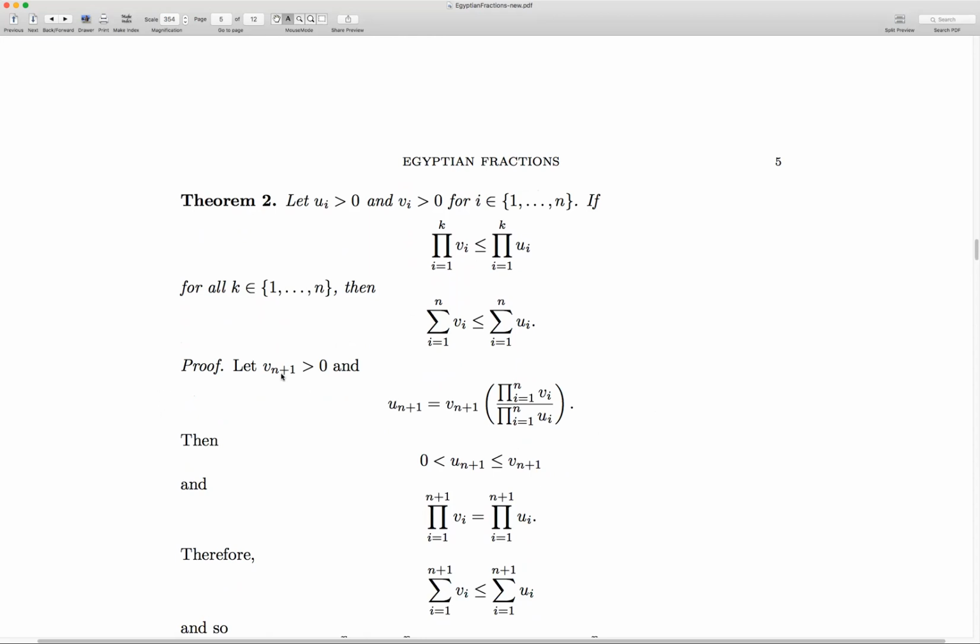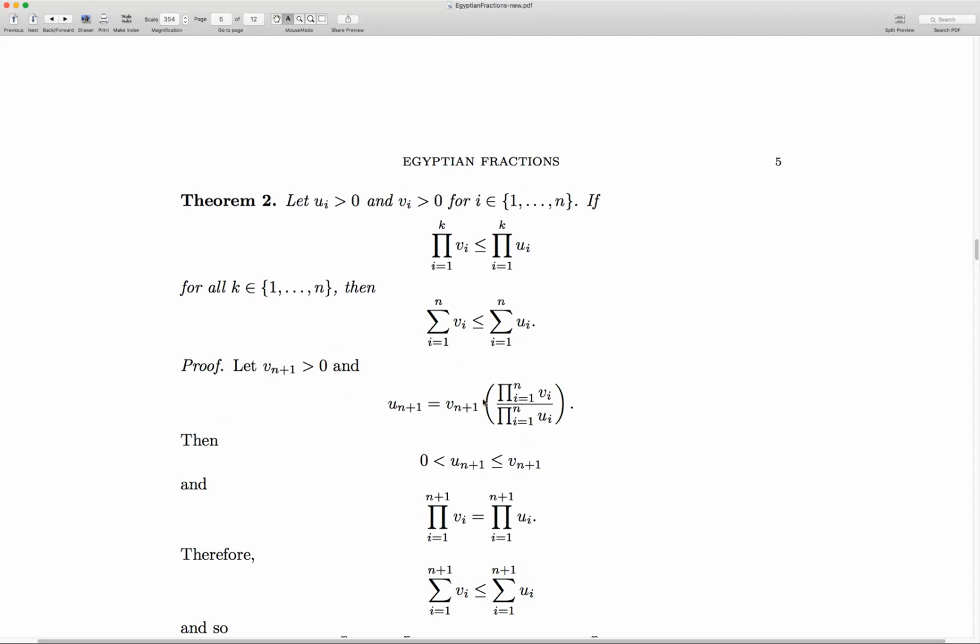Take any number you like, V sub n plus 1, so it's positive, and define U sub n plus 1 by dividing like this. So this is positive and this is positive. And this ratio is at most 1. This is by this inequality. So V sub n plus 1 is at least as large as U sub n plus 1.